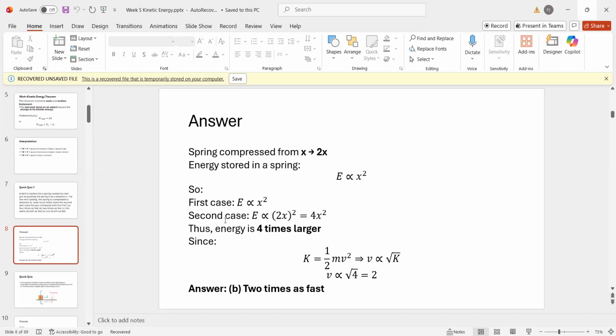So looking at this equation, K equal to half mv squared. Is that equation correct? V directly proportional to square root of 4. Is that true?